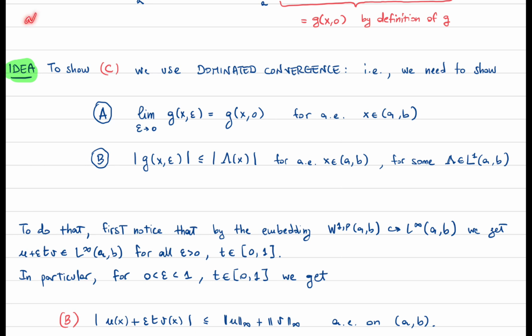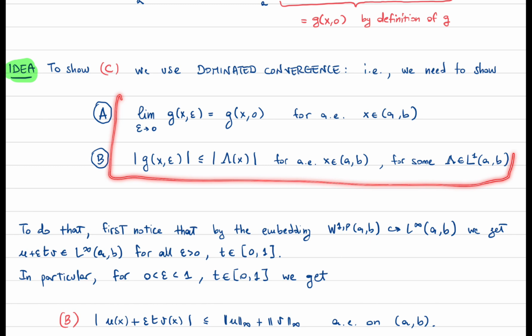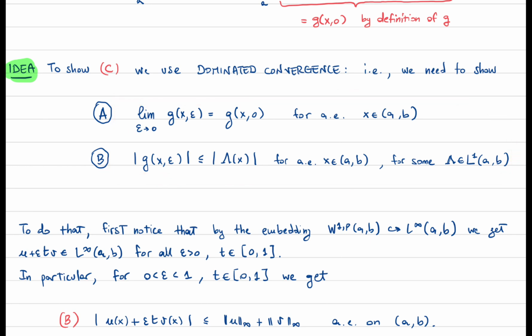So to show C, we use dominated convergence, because we need to show, first of all, A, that g of x, epsilon converges to g of x, 0 for almost every x in (a,b). And second, we need to show that this is bounded by an L1 function on (a,b) for every epsilon. Okay. So these are the two assumptions of the Lebesgue dominated convergence theorem.